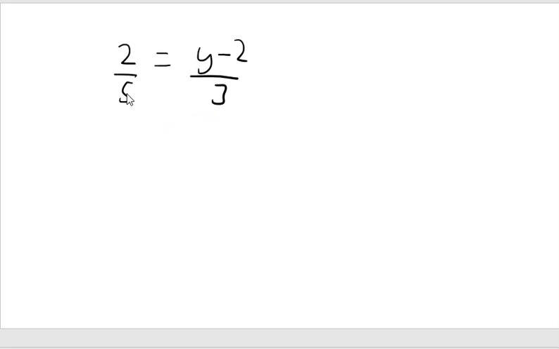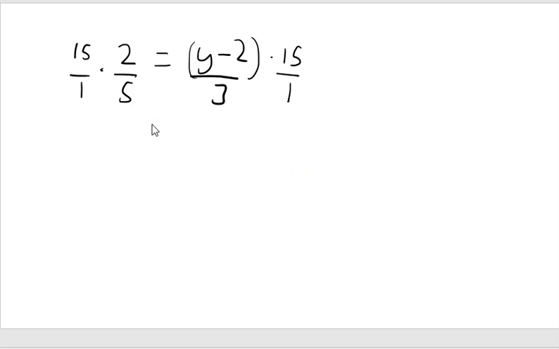So for example, the common denominator between 5 and 3 is 15. So if I multiply this side by 15, this is really going to be 15 times 1. And if I multiply this side by 15, this is really going to be 15 over 1.